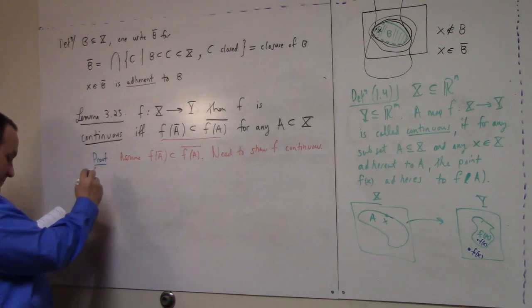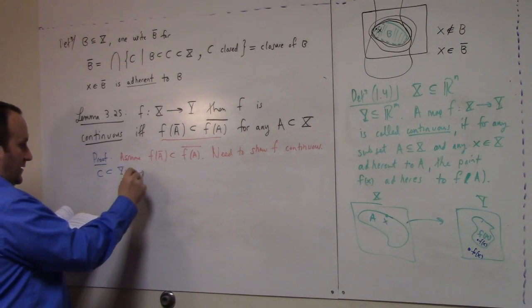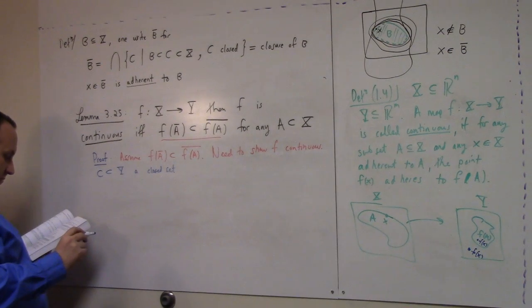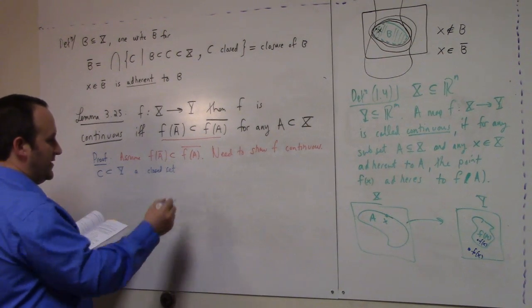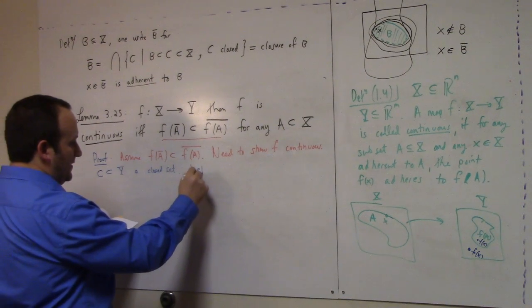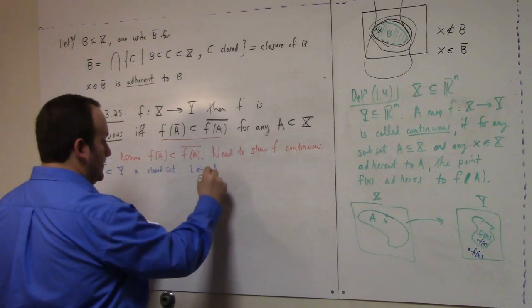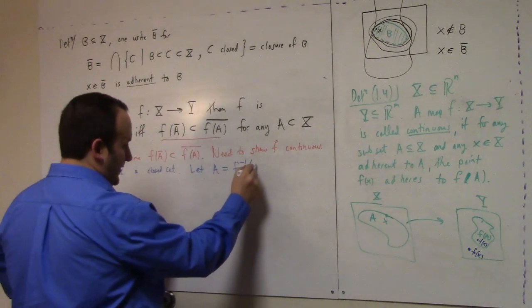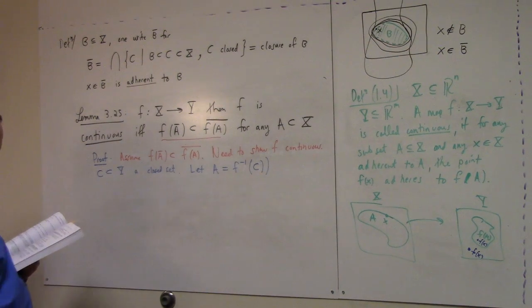Okay, so yeah, that's what he does. So let's look at C, a subset of Y, a closed set. What's that mean? It means Y minus C is open. But then he says set A equal to the inverse image of that closed set C. And now let's use what we're given.